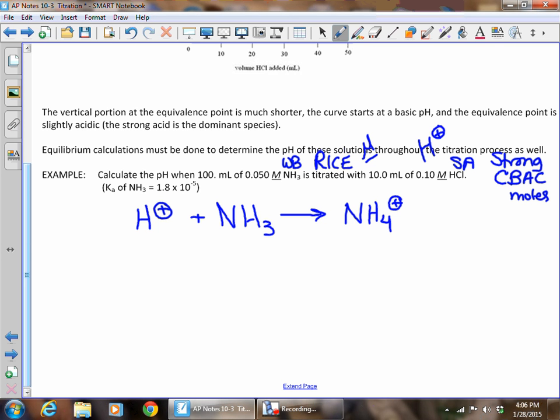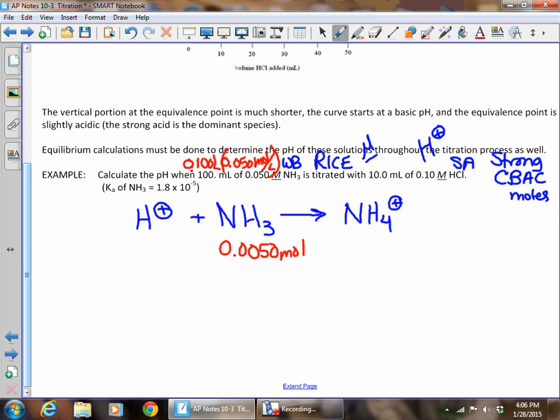As with the last video, I'm not going to do all those calculations. I'll do this first one and then I won't do any more. We've got 100 milliliters, so that's 0.100 liters times our 0.05 moles per liter for our NH3, which is going to give us a value of 0.005 moles of NH3.